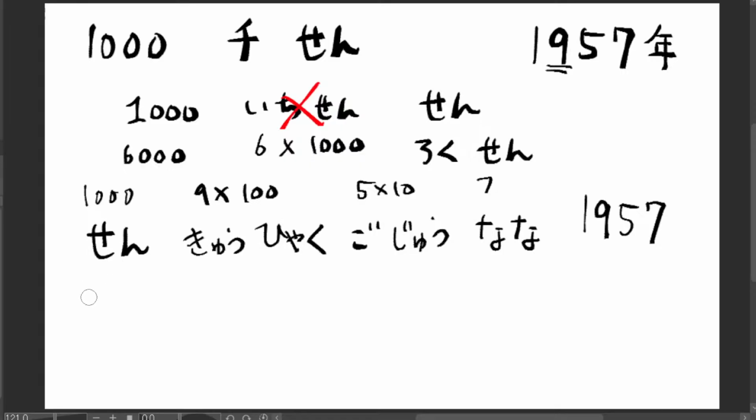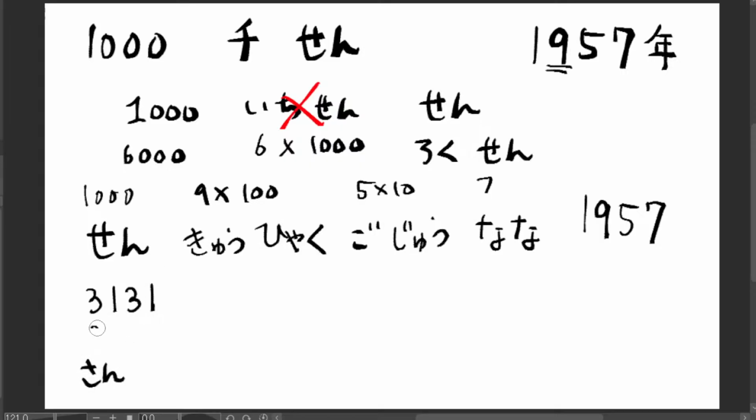Let's try 3,131. If it doesn't start with 1,000, it has 3,000, so you have to say the number: san.